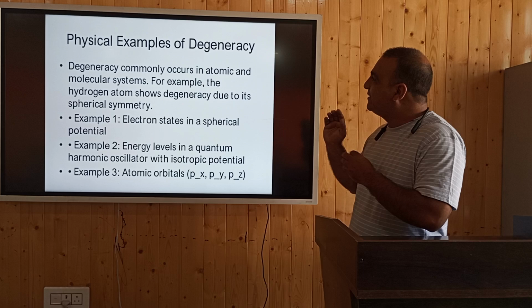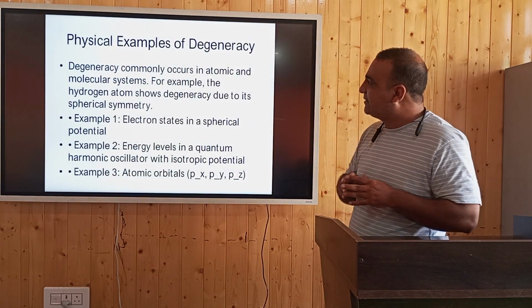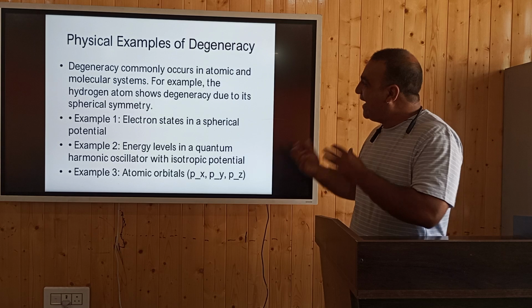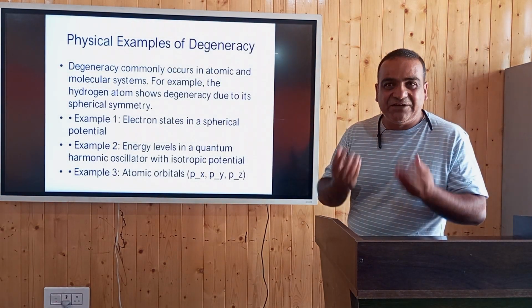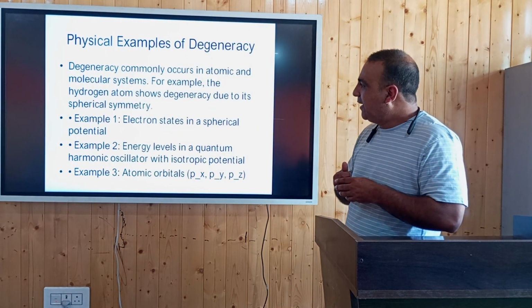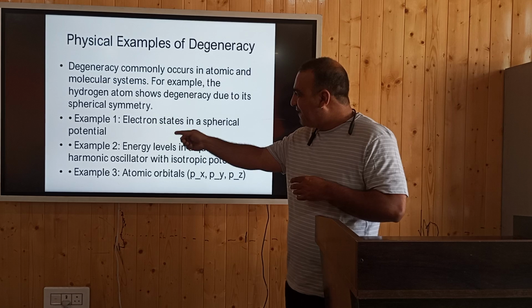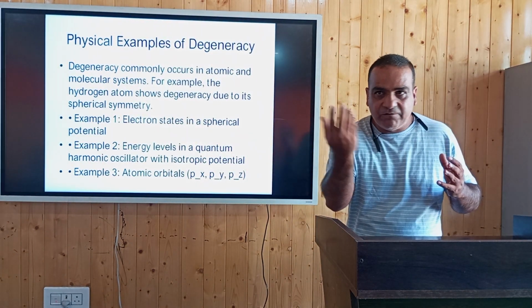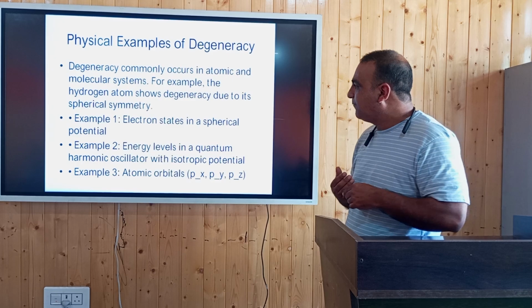Okay. The physical examples of degeneracy. Degeneracy commonly occurs in atomic and molecular systems. The example is hydrogen, and as I said, hydrogen has spherical symmetry. Another example is electron states in a spherical potential. If your potential is spherically symmetric, you get degenerate levels.